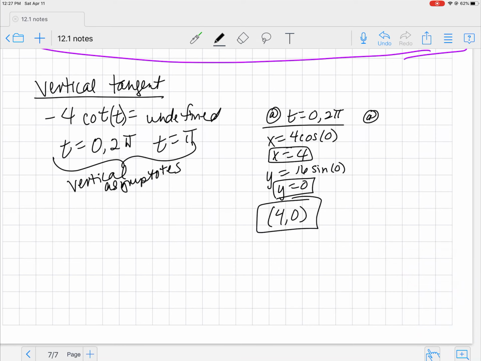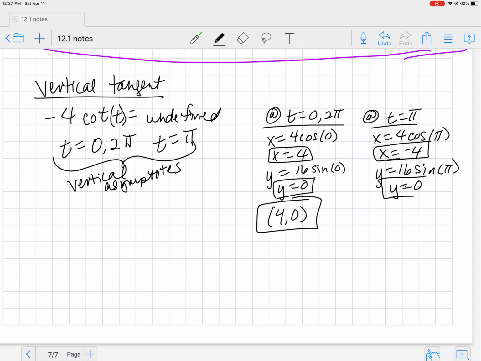And then let's see what shakes out here at t is equal to pi. X is equal to 4 cosine of pi, so that's negative 1, giving me a negative 4. Y is equal to 16 sine of pi. That's the beauty of these that go to 0. That makes it super easy, right? Kind of our best day ever.